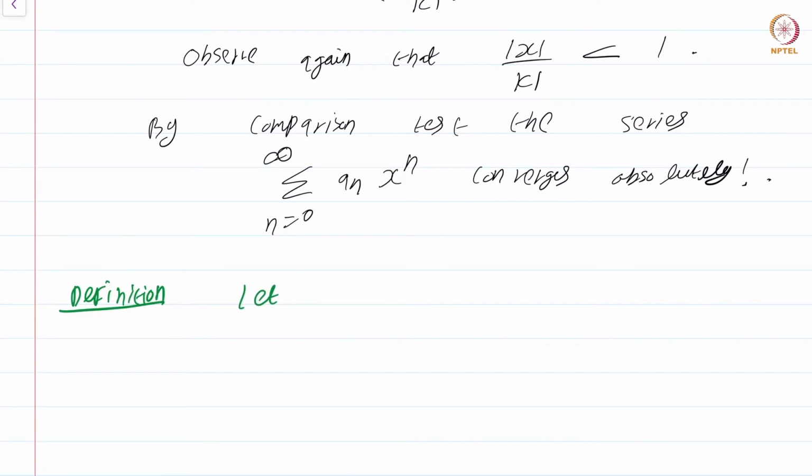Let summation n equals 0 to infinity an x power n be a power series.